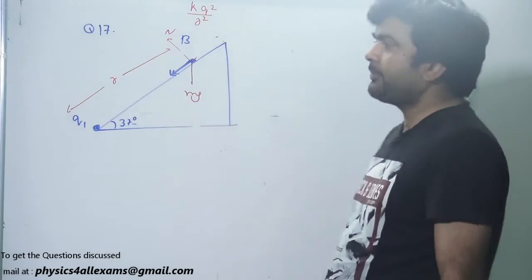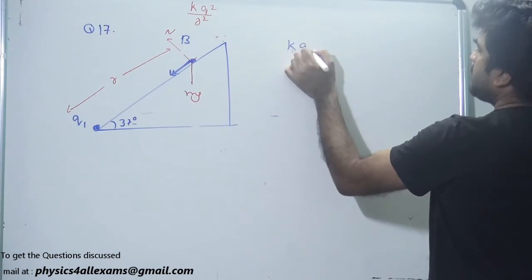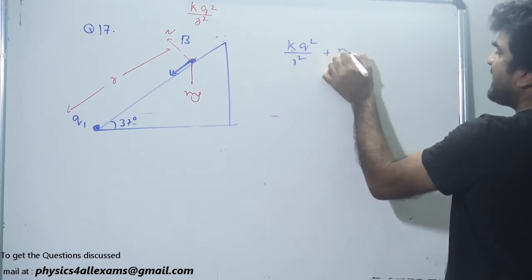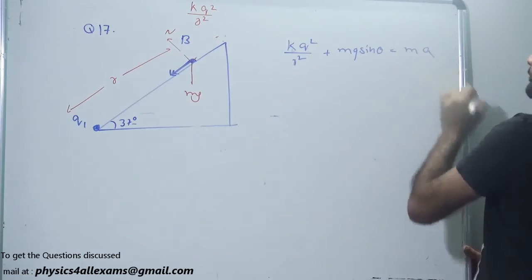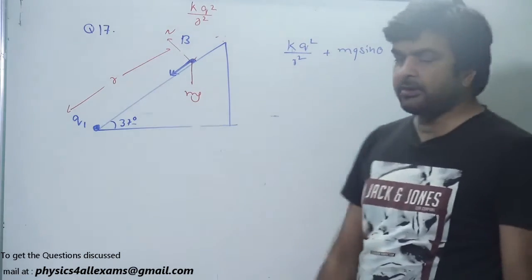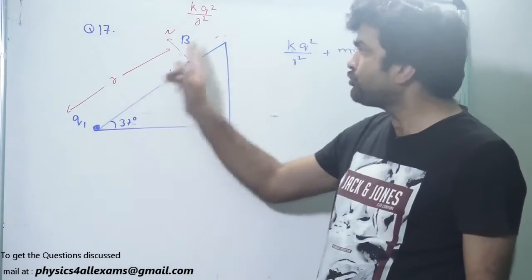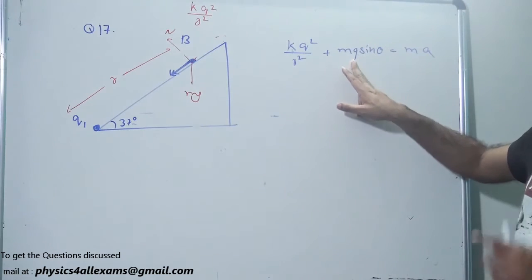In this condition, the net force in this direction will be kQ^2/r^2 + mg sin θ, which should be equal to ma. But we have already seen that at this particular location and for these two charges, kQ^2/r^2 is already equal to mg sin θ.